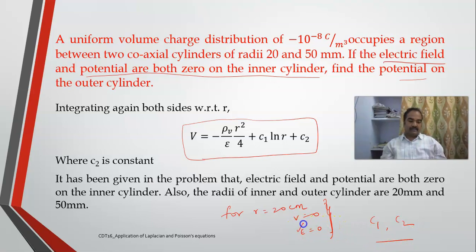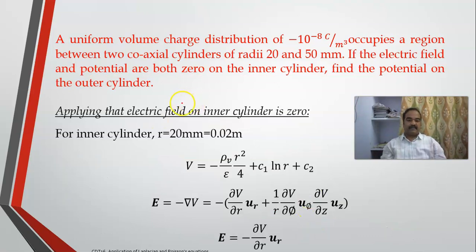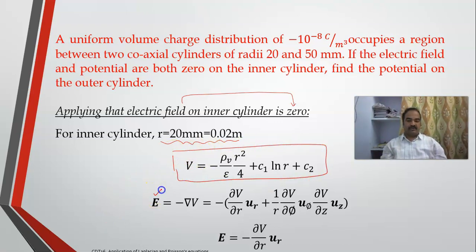First of all, I will go with E equal to 0. Applying that the electric field on the inner cylinder is 0, inner cylinder means r is equal to 20 millimeters, which is 0.02 meters. So this is the expression for V. If you want E, you take minus del V, the gradient of V in cylindrical coordinates.